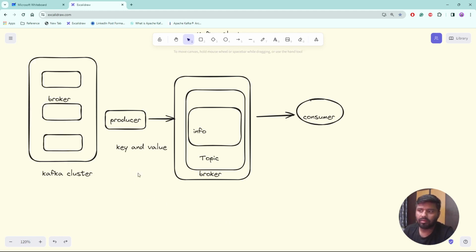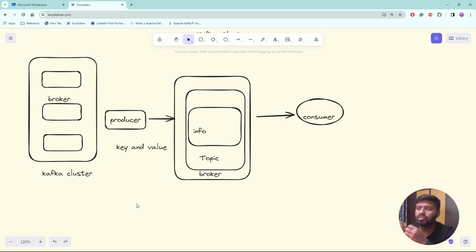Okay, this key and value pair, it is being stored, right? Now the question could be, maybe I am implementing Kafka through programming, and I may not handle this properly.